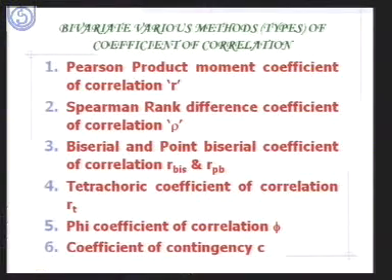We will talk about the assumptions of each of these coefficients of correlation just after a few minutes, but first we name them. The second kind is generally called the Spearman rank difference coefficient of correlation. This is another kind of correlation having specific assumptions.